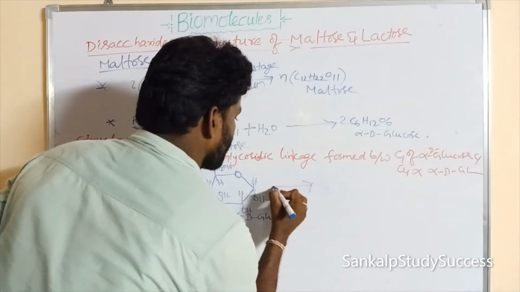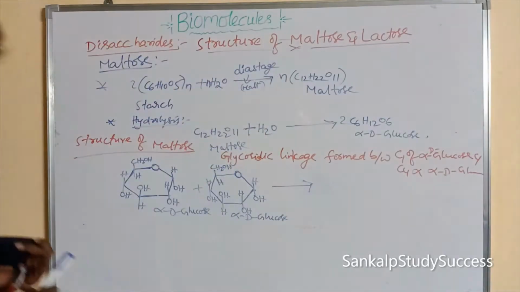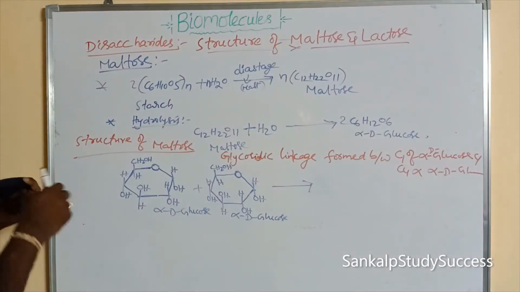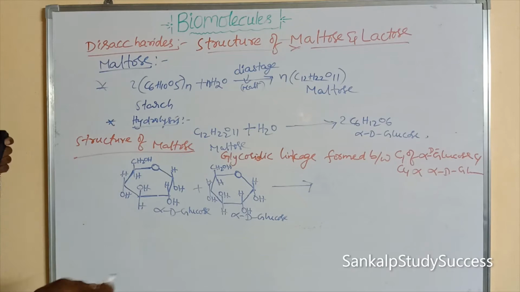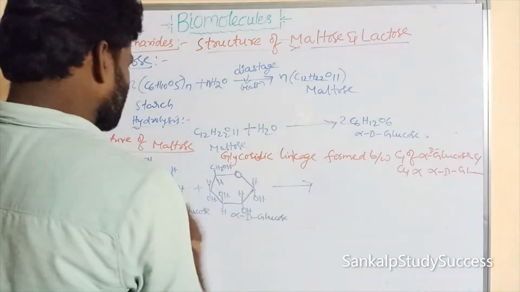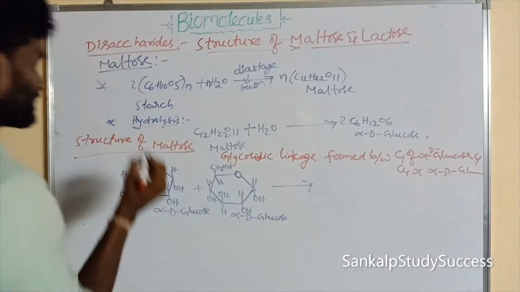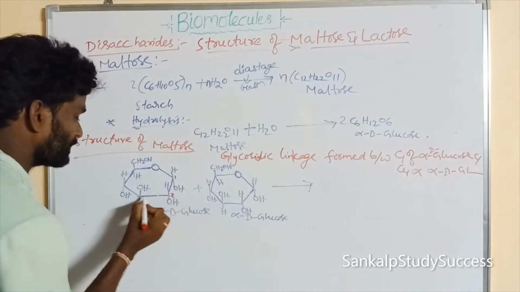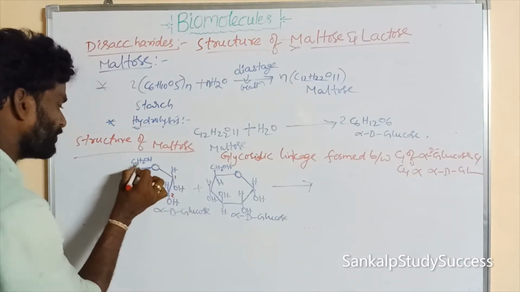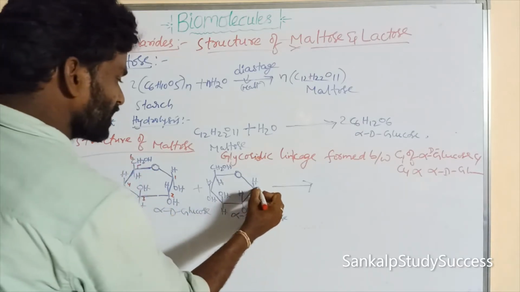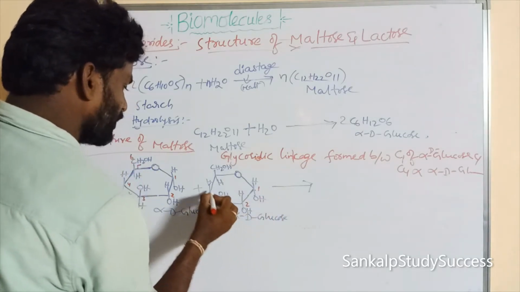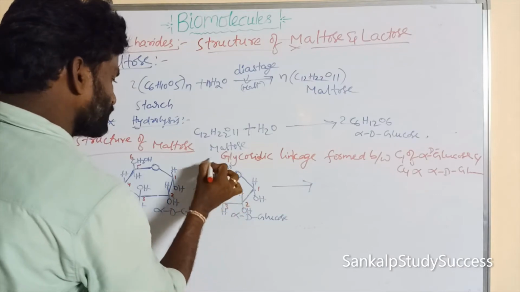Here the glycosidic linkage, that means the oxide linkage, is formed between C1 of one alpha D glucose, this is C1, numbering 1, 2, 3, 4, 5, 6. Similarly, this also is 1, 2, 3, 4, 5, 6.